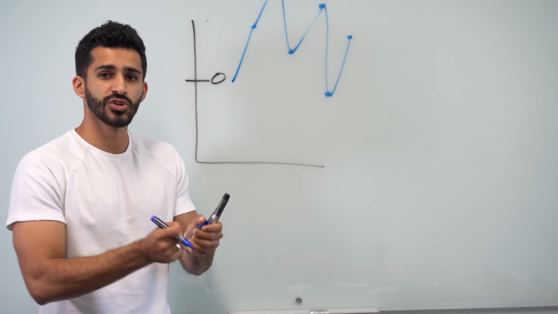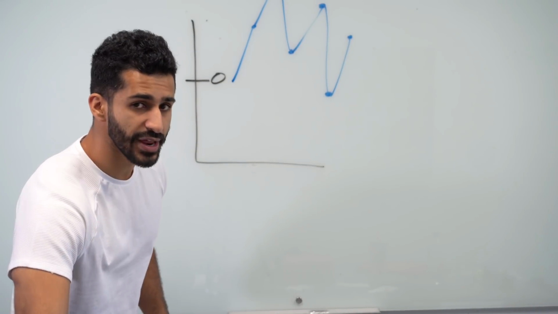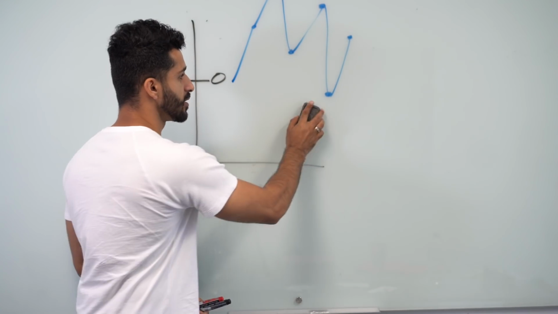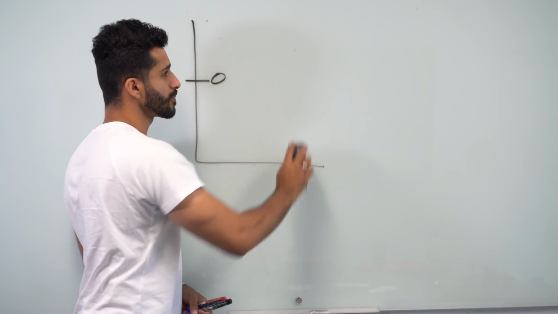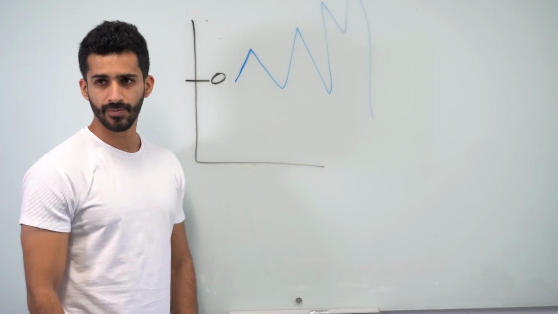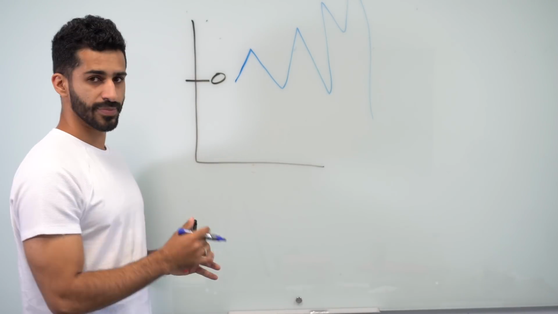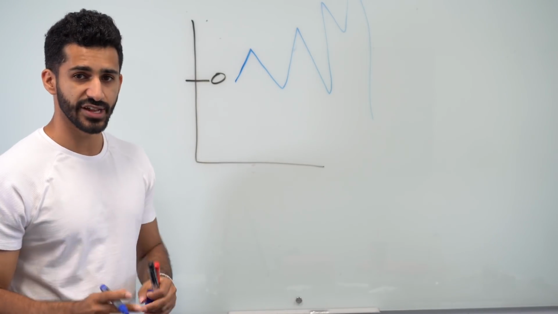But what happens when you zoom out of this chart and you look at it from a bigger perspective, right? It looks something like that, okay? It's all over the place. And these are the traders that have days like this, right?